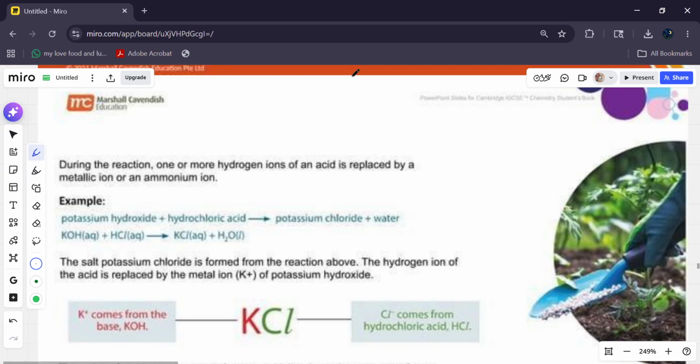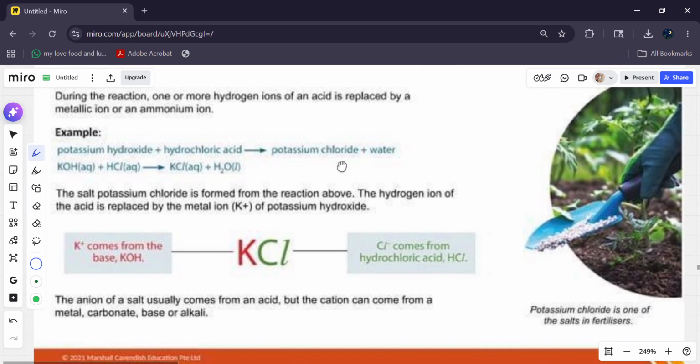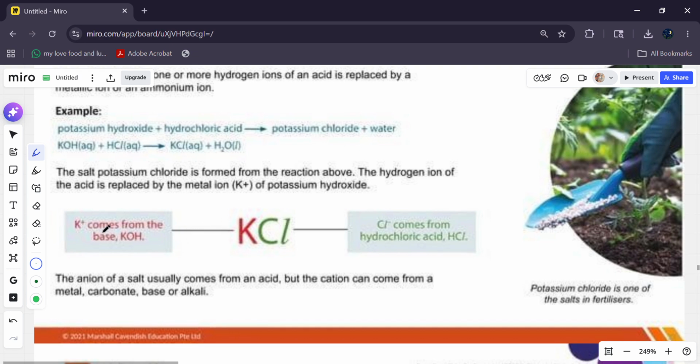For example, the salt potassium chloride is formed when the hydrogen ion of the acid is replaced by the metal ion of potassium hydroxide. K+ comes from the base KOH, while Cl- comes from the hydrochloric acid HCl.